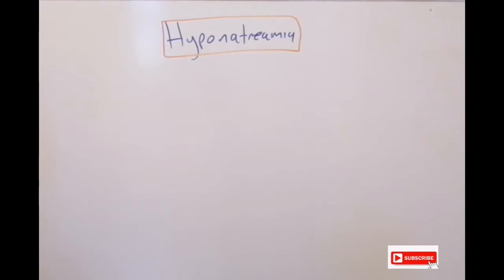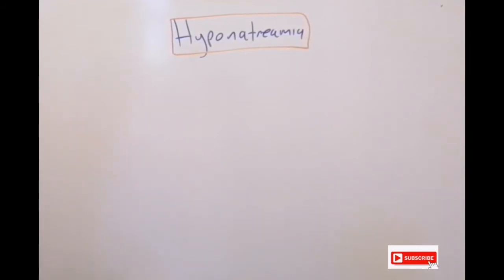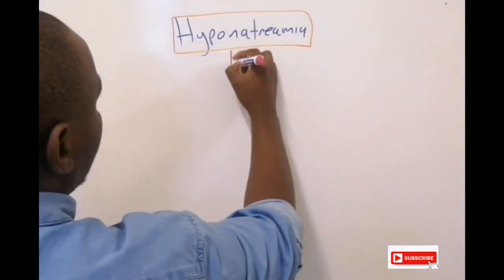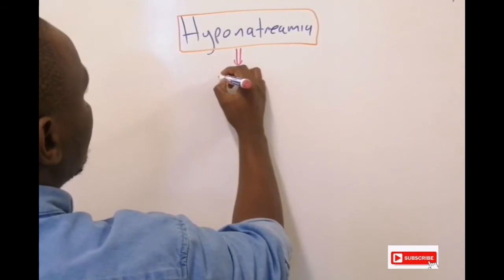So the approach that works best, that I've also used myself, is you look at your hyponatremia and then you calculate your plasma osmolality.